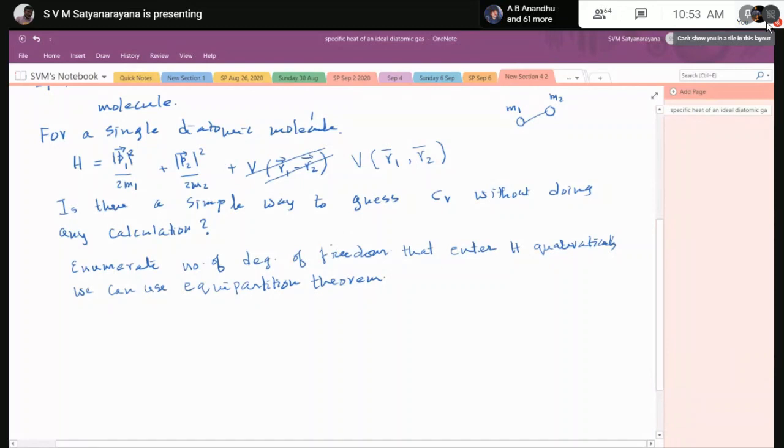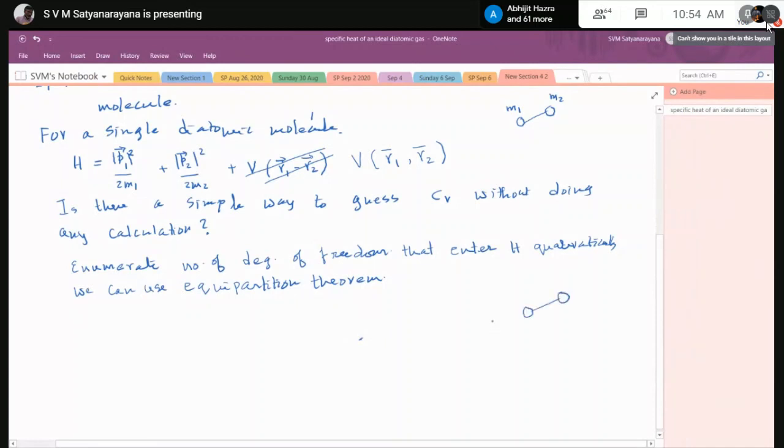There are six components associated with this. Now, this is one way of looking at it. Or just because you already know that there is some kind of a diatomic molecule.